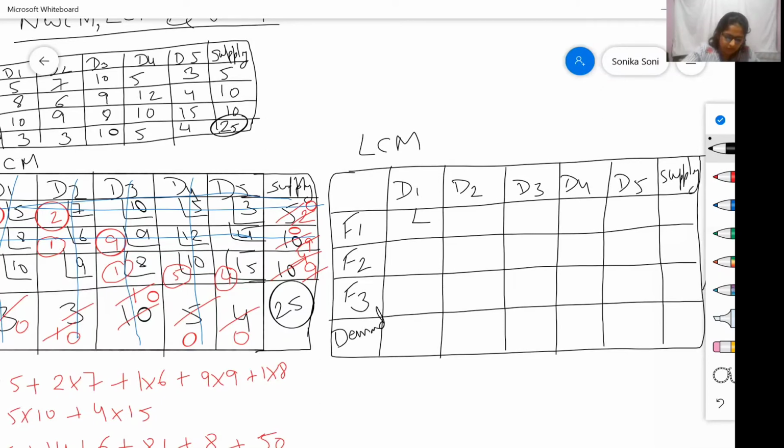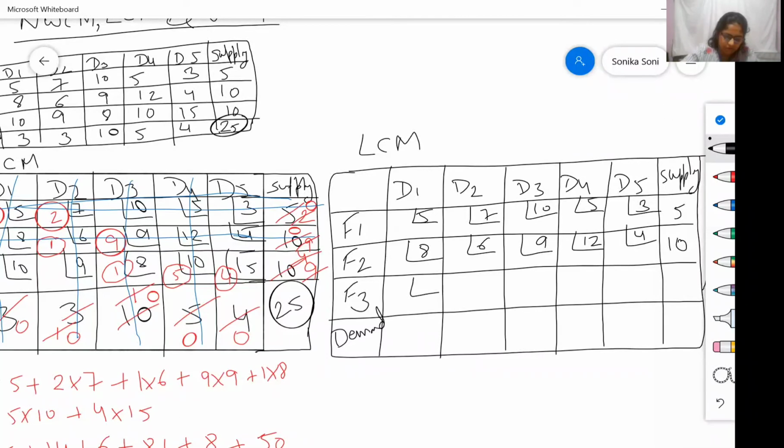So we have 5, 7, 10, 5, 3 as the F1 cost and total supply is 5. Then we have 8, 6, 9, 12 and 4 as cost and supply as 10.